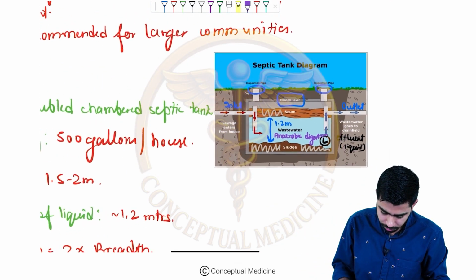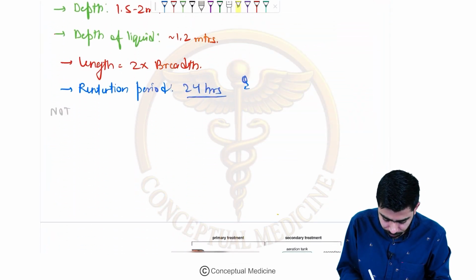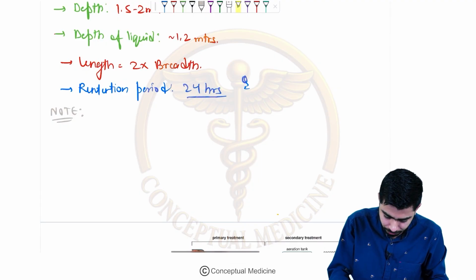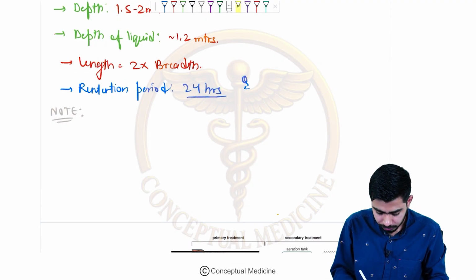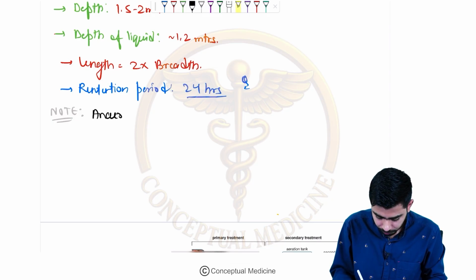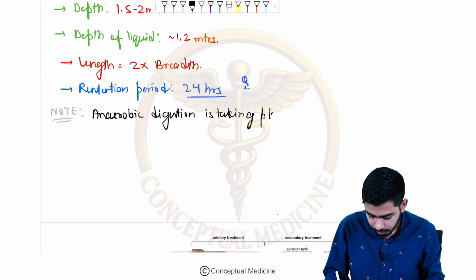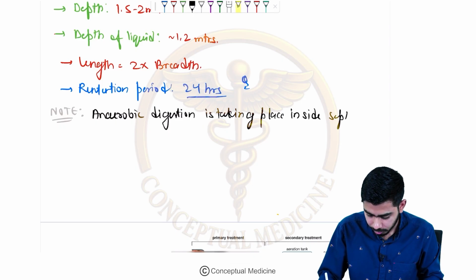What I said over here is, guys, please remember this point, note that I am writing it in black color, that anaerobic digestion is taking place inside the septic tank.